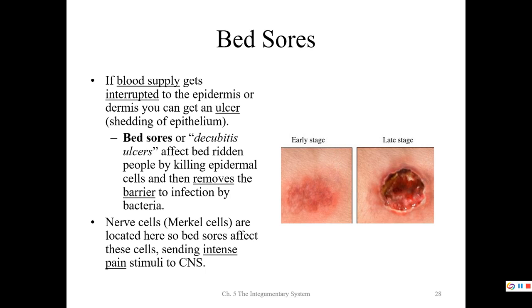Infections can get in. The nerve cells, the Merkel cells, are here, so bed sores can create an intense pain to the CNS. So they can be very painful. They hurt. Uncomfortable. They set up sepsis. So you've got to watch early stage bed sores and late stage where they open up. Late stage bed sores, compression ulcers.